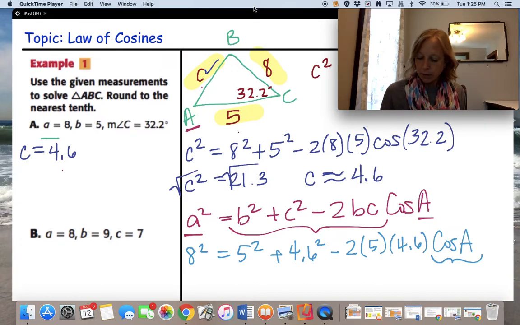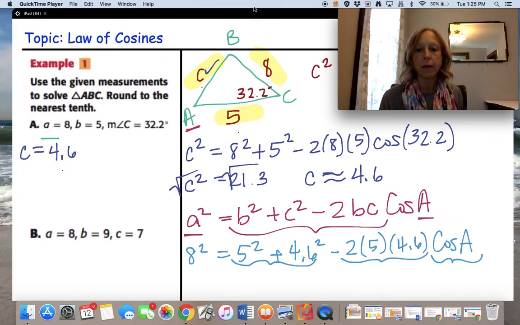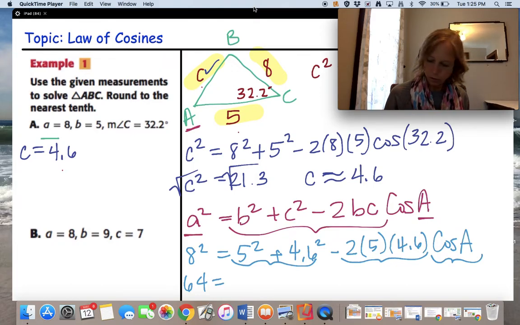So let's do some simplifying. What I think we should do, add these two together to get a single term, and multiply those together so we have our coefficient. 64 equals, let's go to our calculators. So I got 46.16.